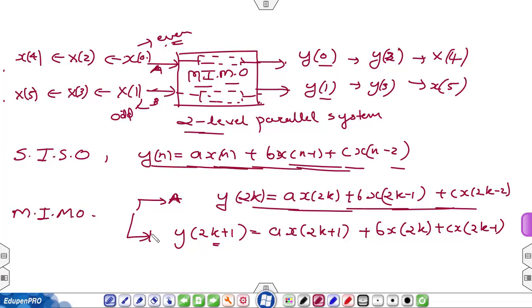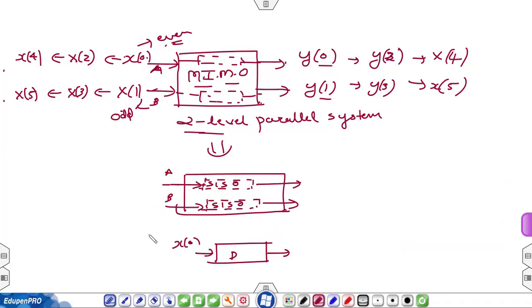So this is at port B. This multiple-output system can be represented by two sets of equations. This output y represents even number of samples, and this represents odd number of samples.